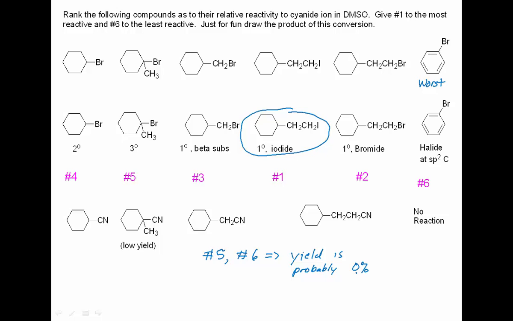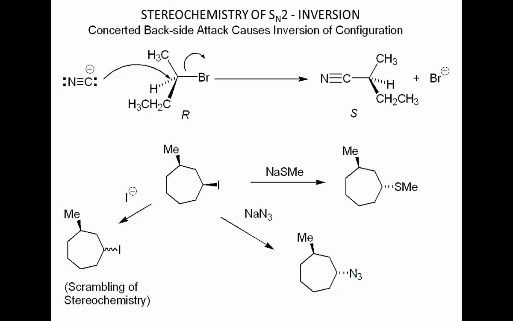I don't think that you get very much of this from either of these reactions, but a tertiary system does have some capability of doing the SN2, whereas the halide at sp2 carbon really doesn't do the SN2 reaction at all. Okay.